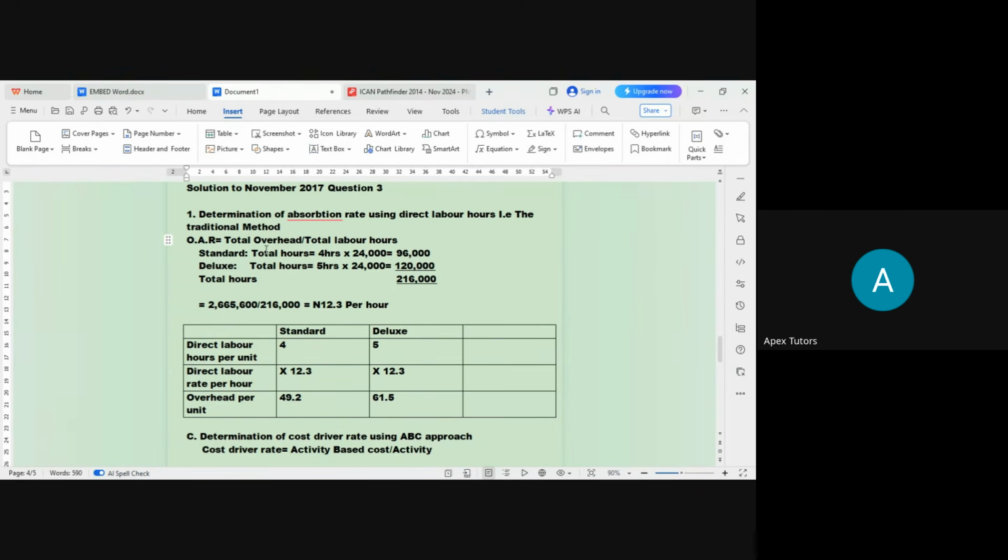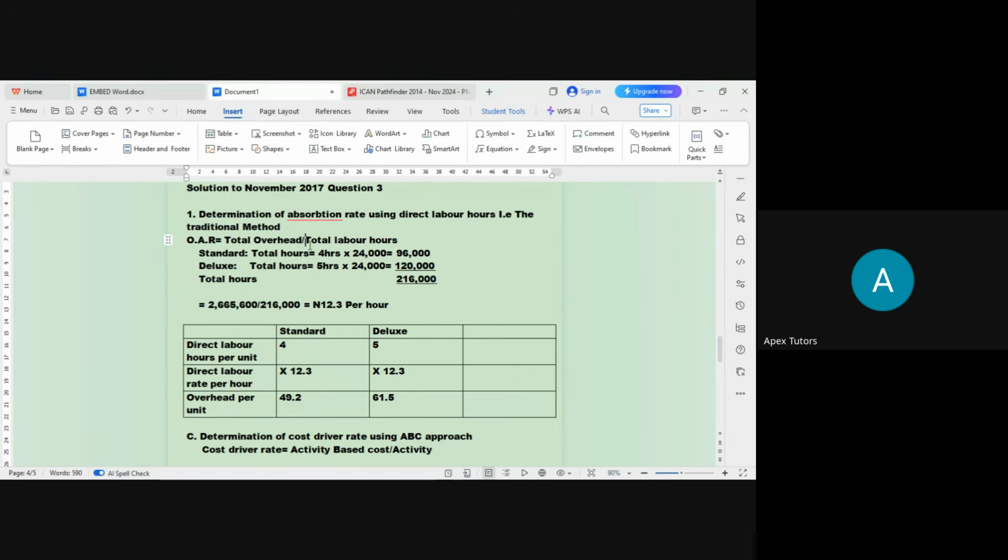When you start solving it, you experience some challenges. It does not mean you are not intelligent. Sometimes the first time you are seeing it, you might have some hiccups.